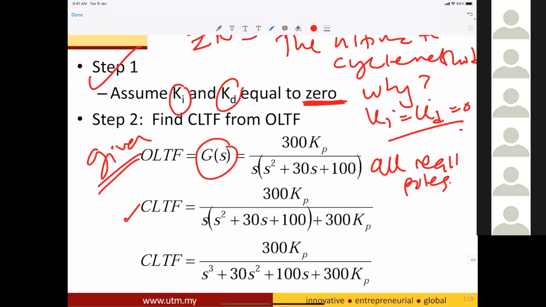Then we simplify. We open the equations, so it becomes S cubed plus 30S square plus 100S plus 300 Kp. Everybody okay? Yes, Doctor.